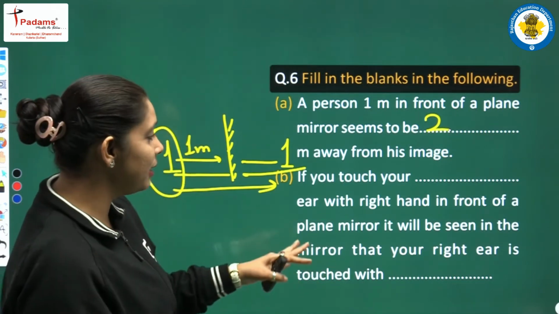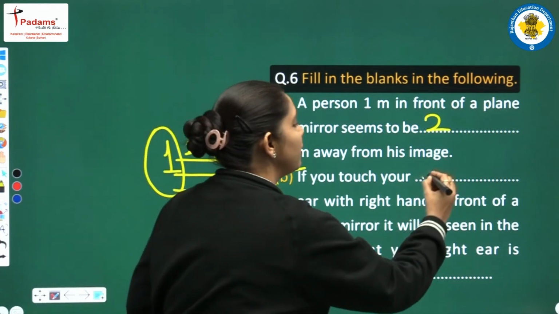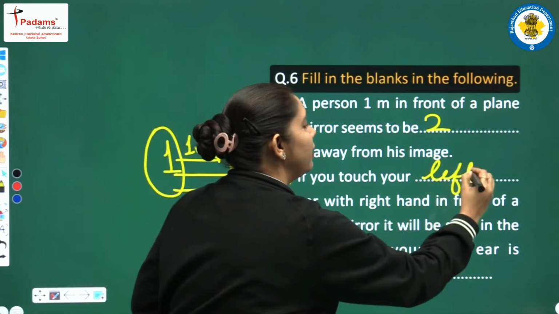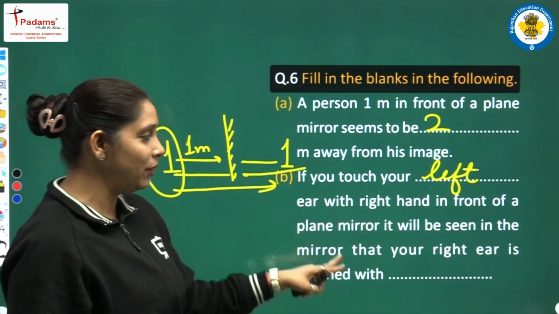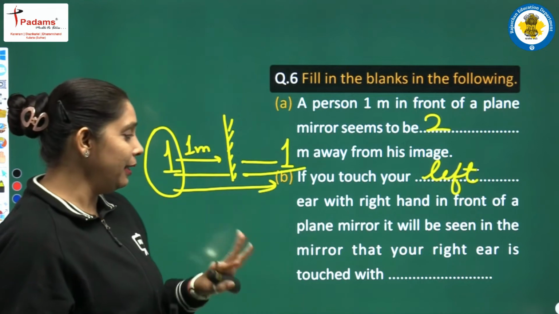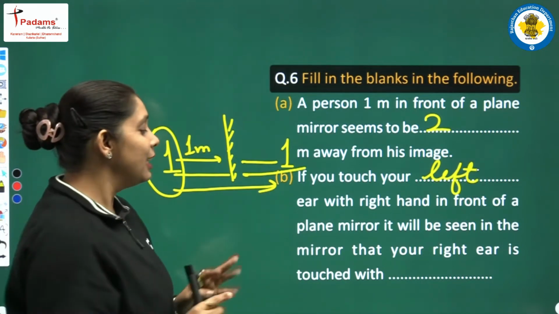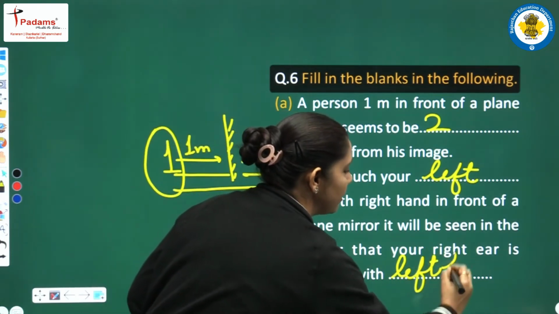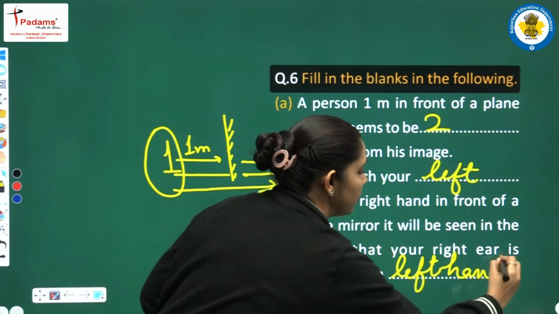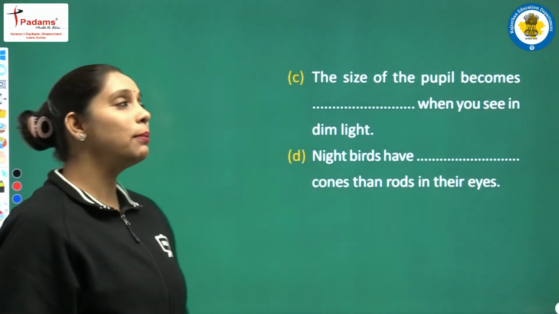So the answer is if you touch your left ear with right hand in front of a plane mirror, it will be seen in the mirror that your right ear is touched with left hand. Clear everyone? Understood? Move to the next fill in the blank.